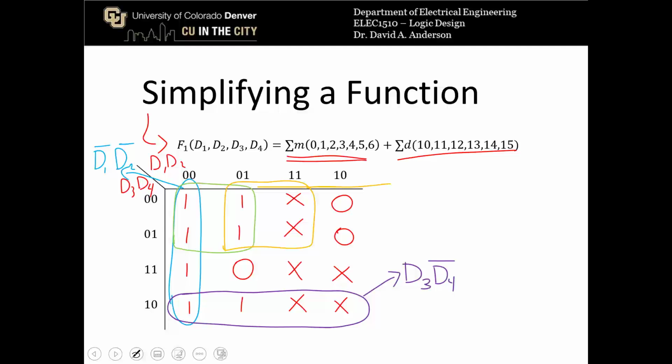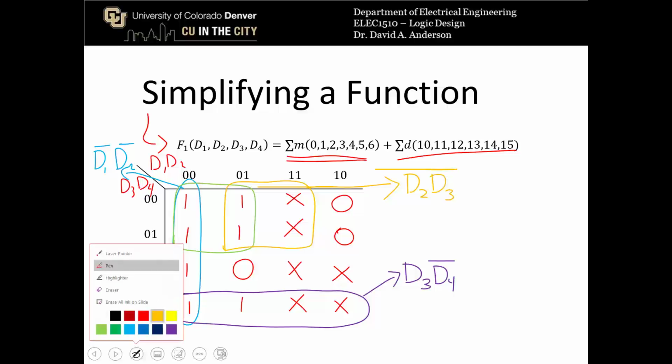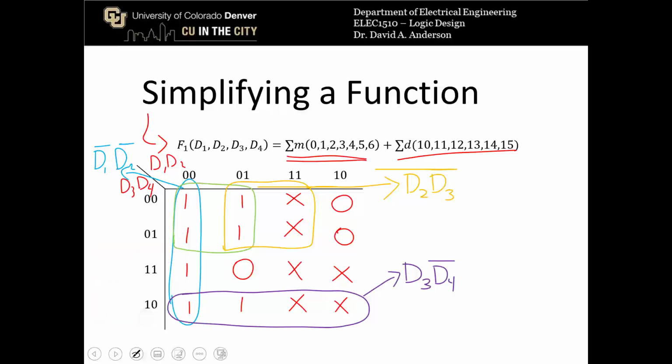I'm going to just use the bubble that includes the don't care terms, which is going to be d2, d3 prime. So then in total, the function is optimized as d1 prime d2 prime, or d2 d3 prime, or d3 d4 prime.